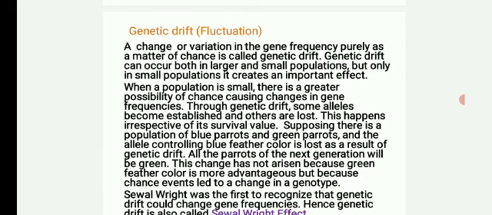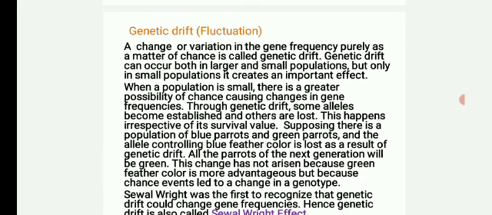When a population is small, there is a greater possibility of chance causing changes in gene frequencies. Through genetic drift, some alleles become established and others are lost. This happens irrespective of its survival value.